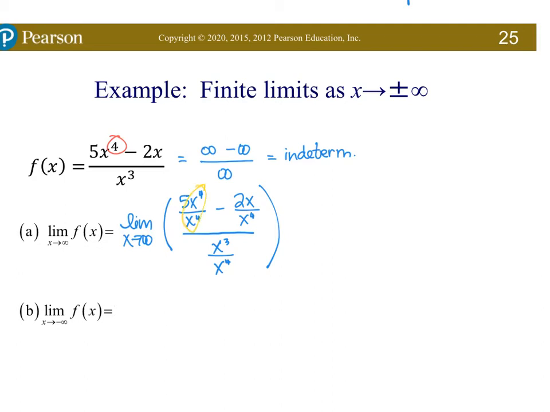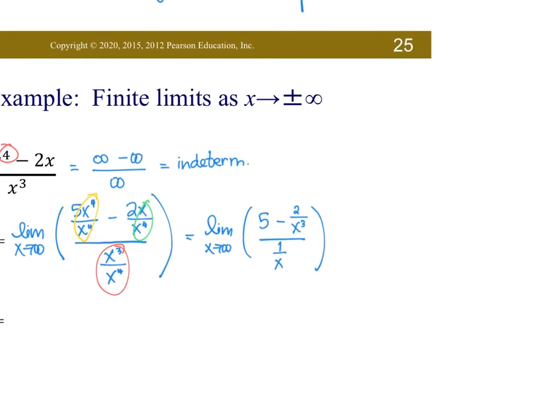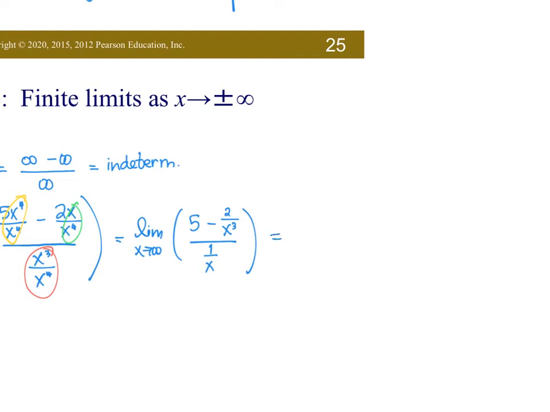This one will fully reduce. So I'll get the limit as x approaches positive infinity of the number 5, minus 2 over x cubed, over 1 over x. I'll drop infinity into this and drop my notation.